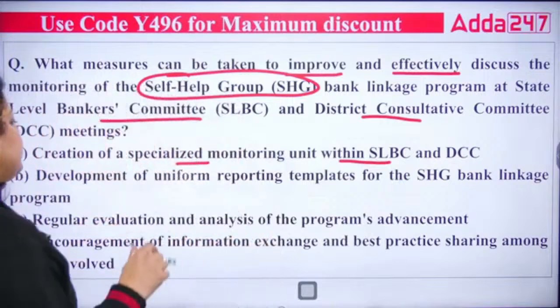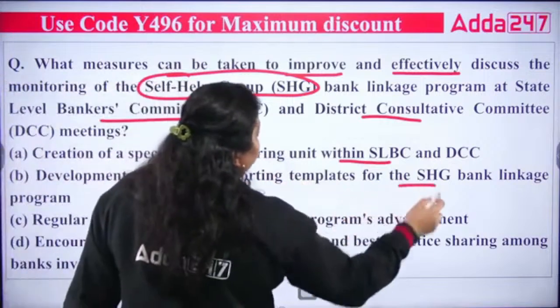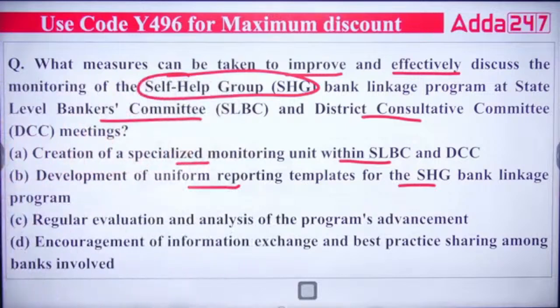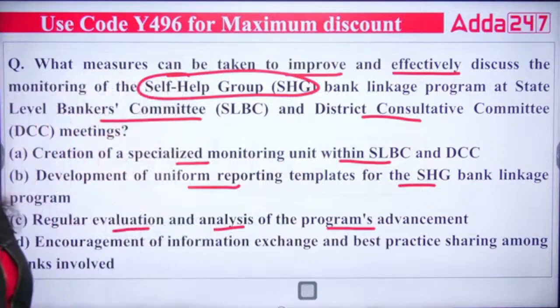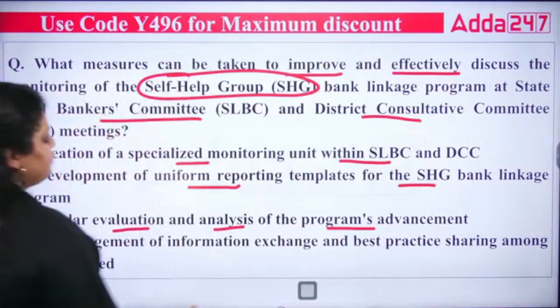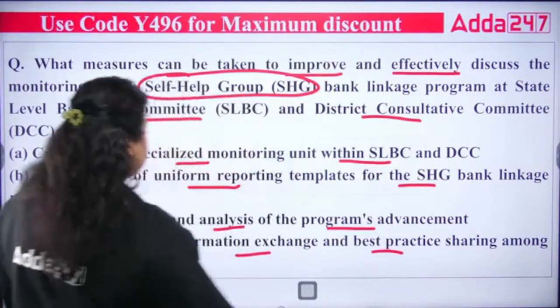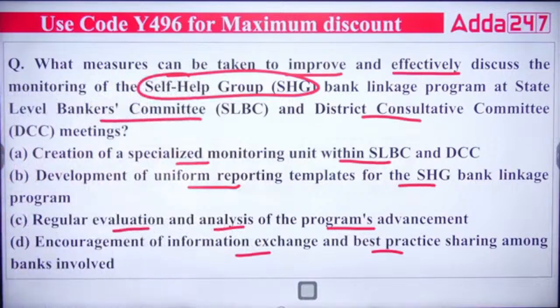Second, development of uniform reporting templates for the self-help group bank linkage program. Third, regular evaluation and analysis of the program's advancement. Then, encouragement of information exchange and best practices sharing among banks involved. So which of the following do you think is the measure that can be taken? A, B, C or D?